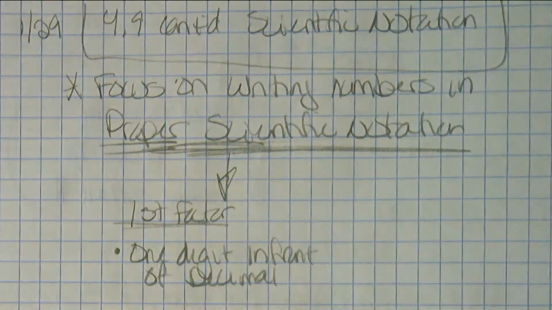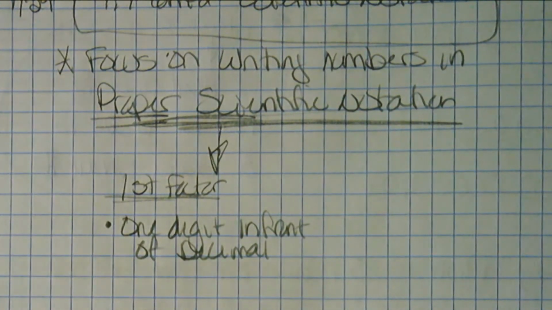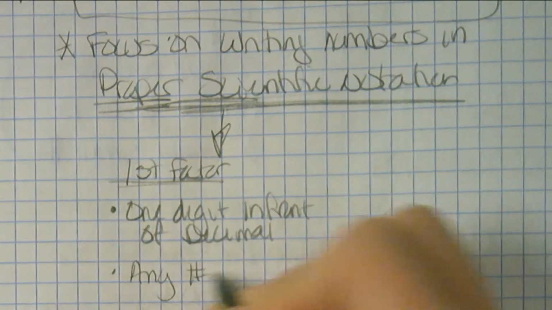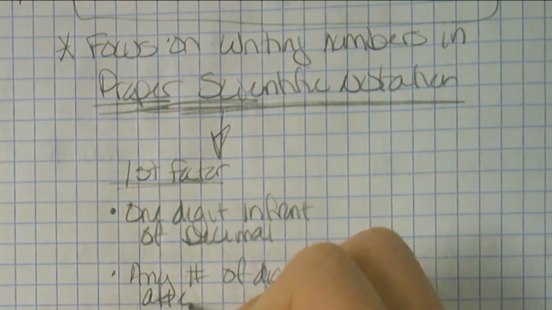So these are the qualifications, the requirements. One digit in front of the decimal. Any number of digits after the decimal.